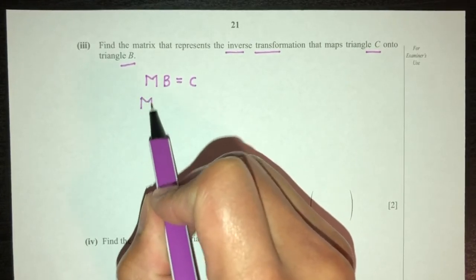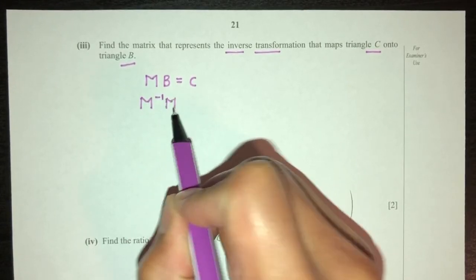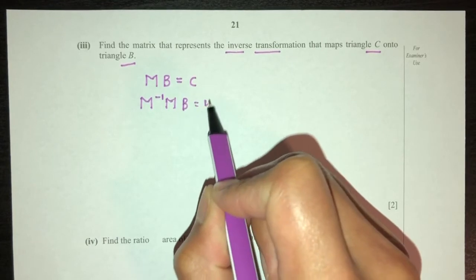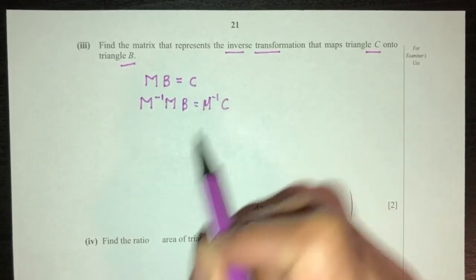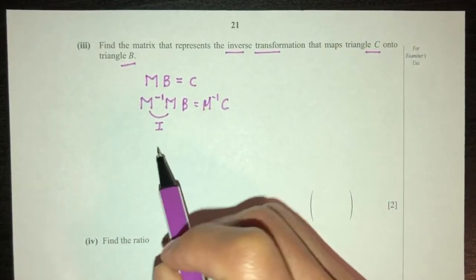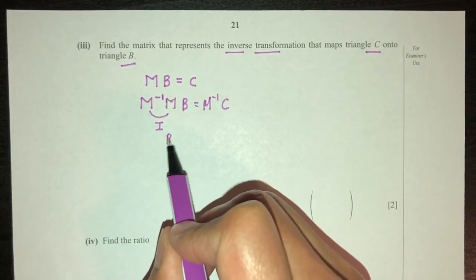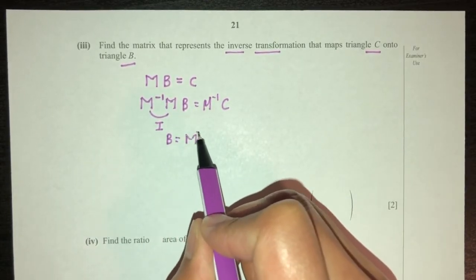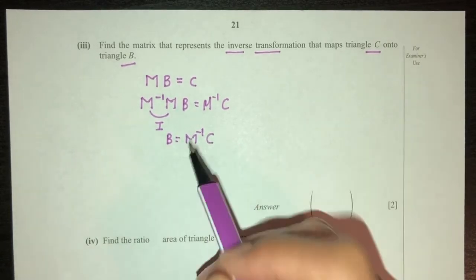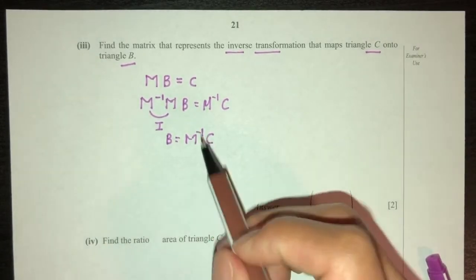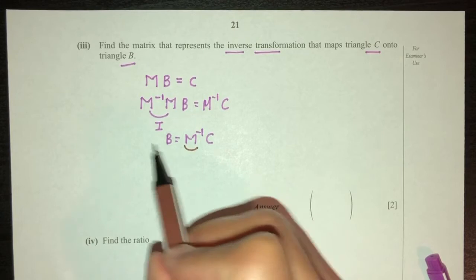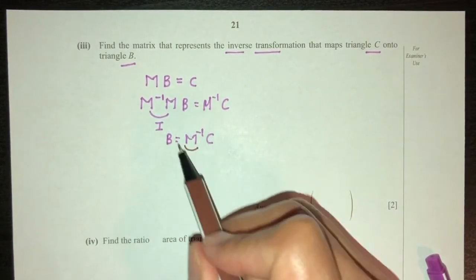We have to multiply by M inverse on both sides, and you will have M inverse times M, which is I. That will be B equal to M inverse times C. So we have to multiply C by M inverse to give you B. So we have to find this matrix.